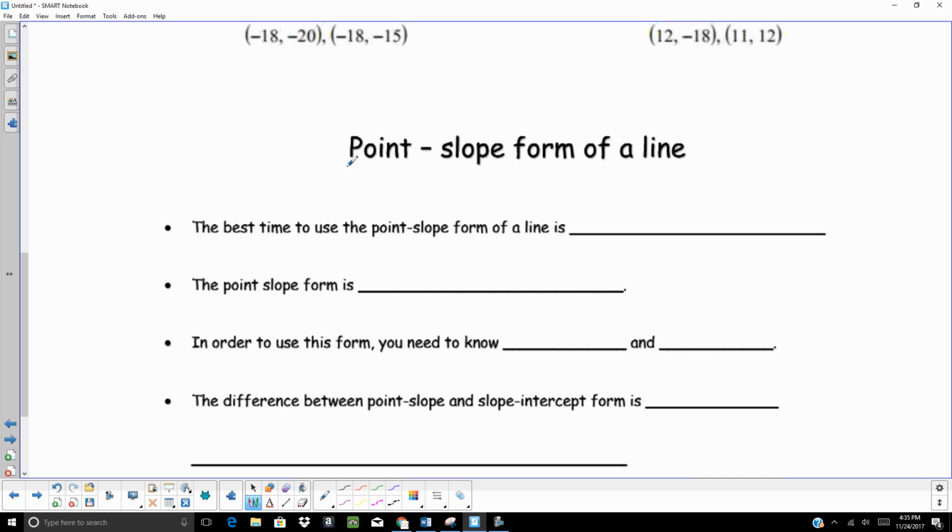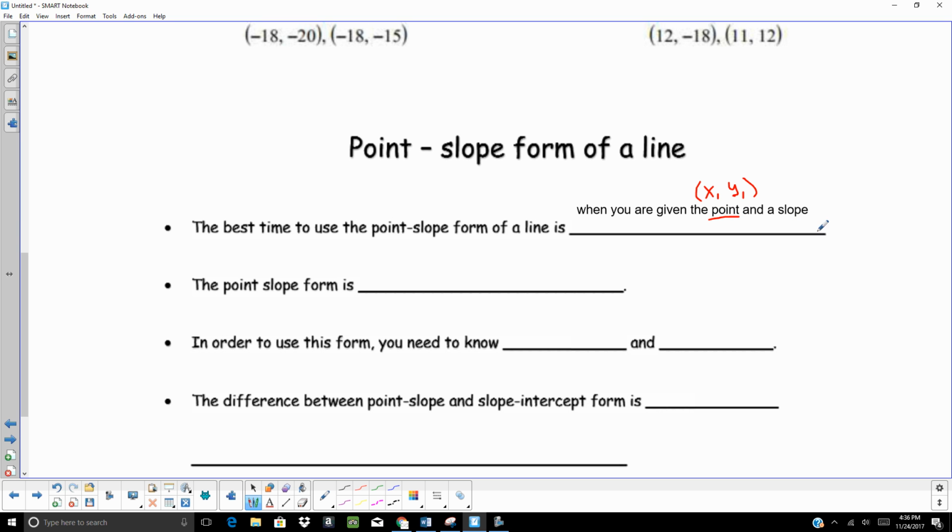Let's talk about point slope form of a line. The best time to use point slope of a line is when you are given the point and a slope. And the point is always going to be some ordered pair, x sub 1, y sub 1. Okay?